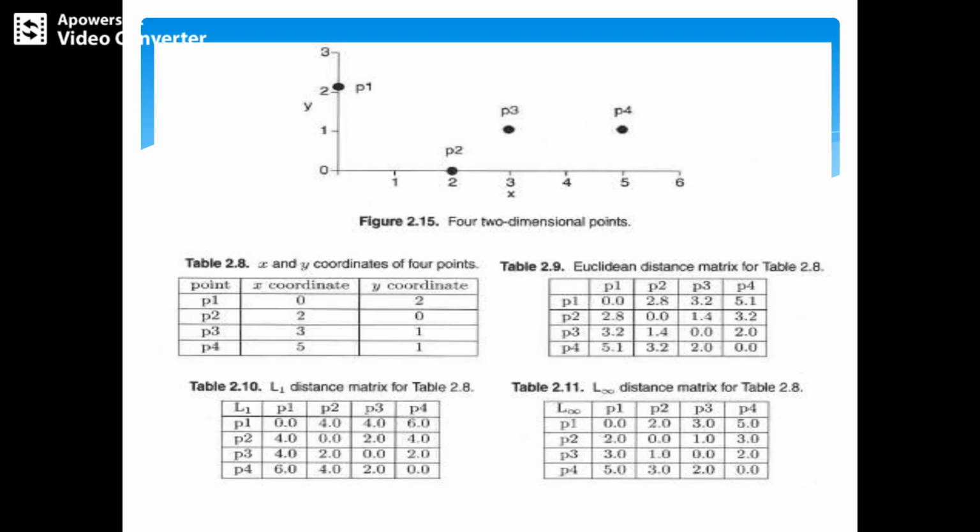The four points x comma y: P1 starts with x equal to 0, y equal to 2. Similarly, P2 has x equal to 2 and y equal to 0. P3 has x equal to 3 and y equal to 1.